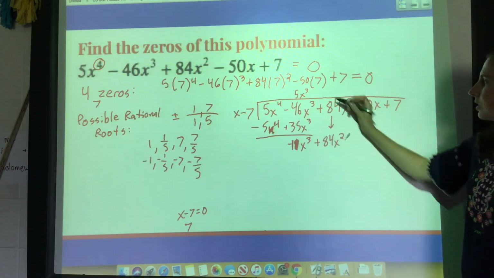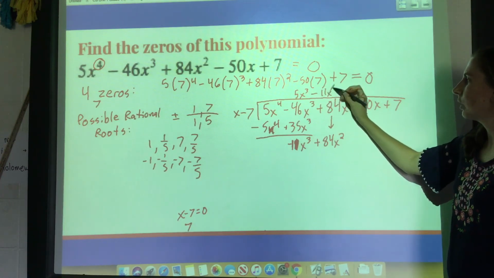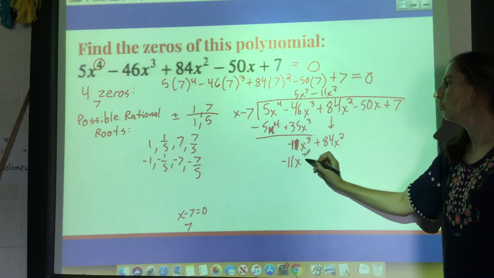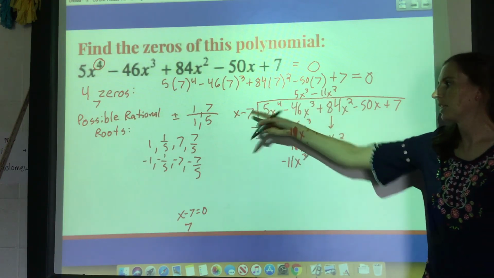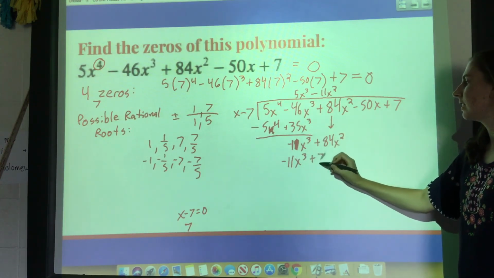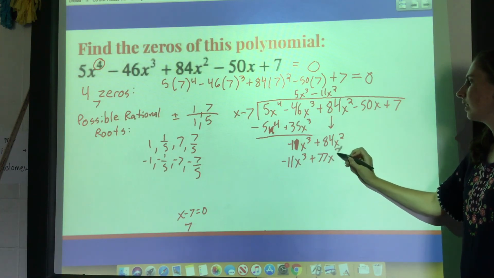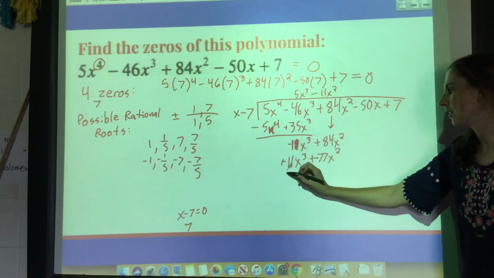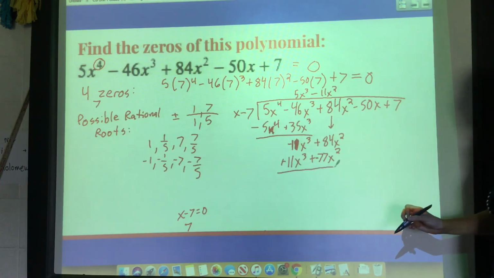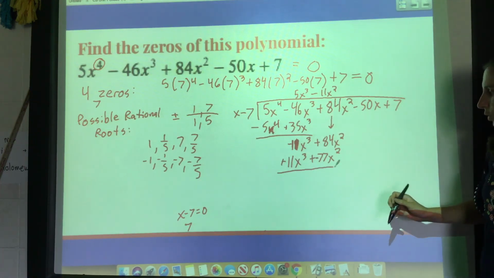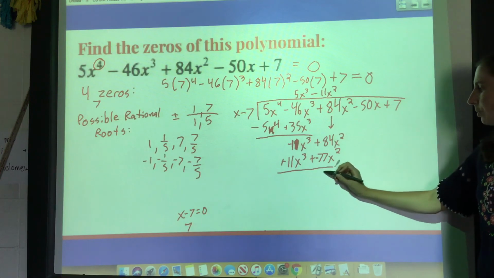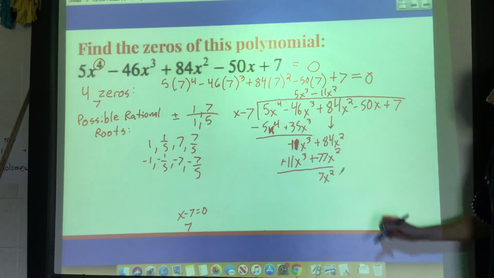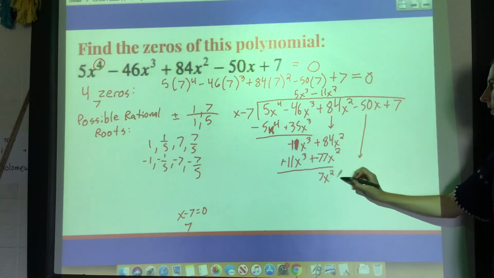And do it again. So I'll need a negative 11x squared times x to give me negative 11x cubed. Negative 11x squared times negative 7 would be 77x squared. And then subtract, subtract. So 84 minus 77 would be 7x squared.